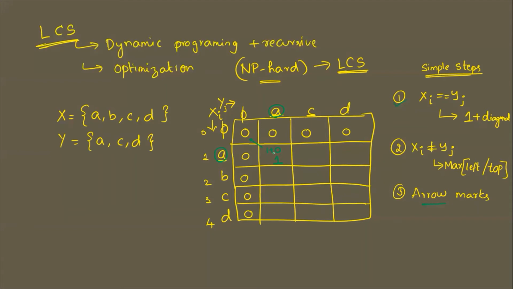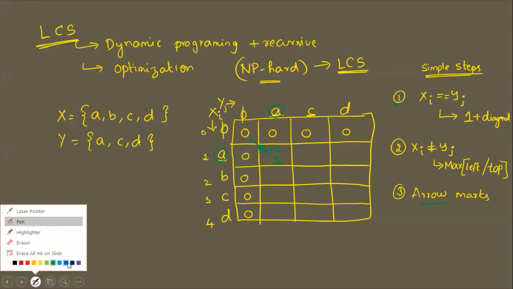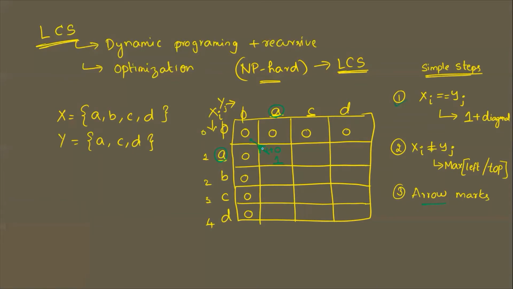So we know that if the values are same, it is 1 plus the diagonal value. So I have derived the value from this. Just make a note, draw the position over there. I'll take another color. So here I will make it as diagonal.